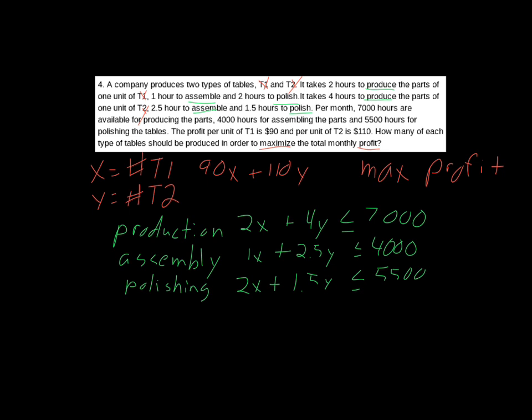And this covers all of the information that is in this problem. Now, you may notice that each element of the inequality is drawn from a different sentence. This part was drawn from the second sentence in the question. This was drawn from the next sentence.